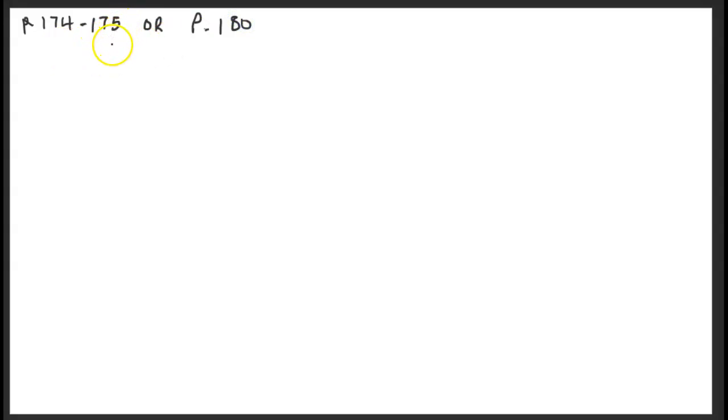It's the 5-8 lesson, and you're going to be doing numbers 1 through 15 odd. And then you're either going to be at page 171 or 176, and you need to do number 10.